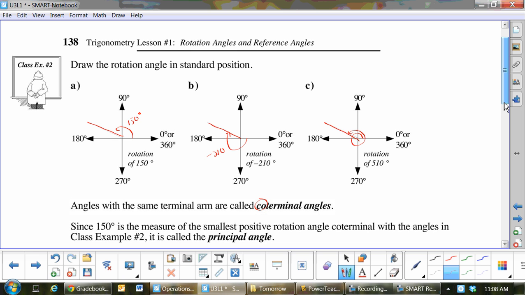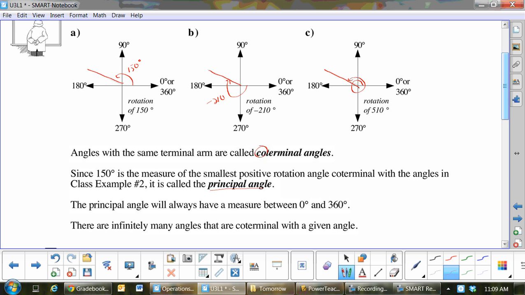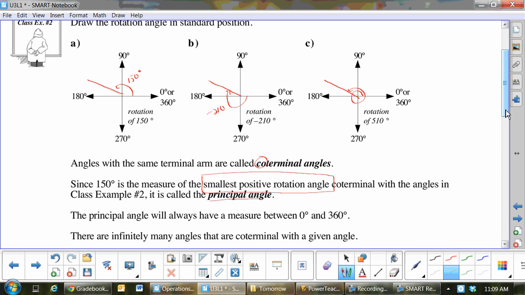It's pretty evident. Now, there is only one of them that is the principal angle. Now, the principal angle, another definition for you, is the smallest positive rotation angle. Stop there, okay? It is the smallest positive rotation angle. So, in our case, that would be example A. This is the only one that demonstrates the smallest positive rotation angle.